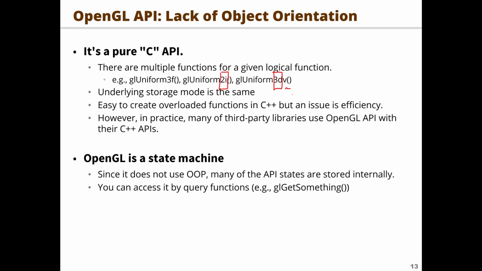So it is good to use C functions directly. Always it doesn't change anymore. So using C functions directly is a good choice. However, in practice, many third-party libraries use the OpenGL API with their C++ APIs.